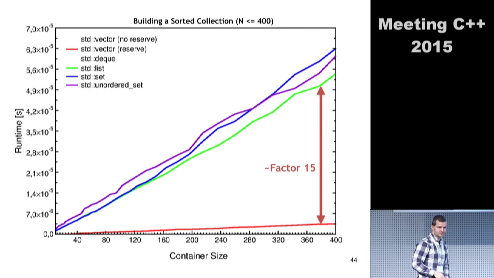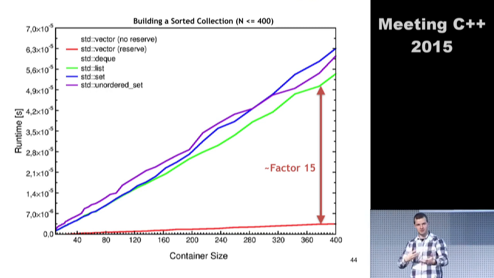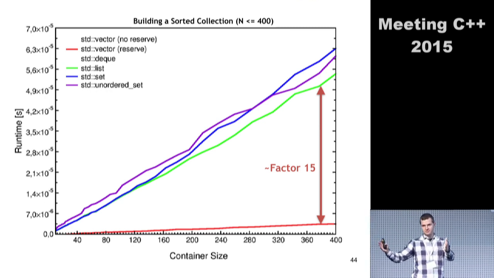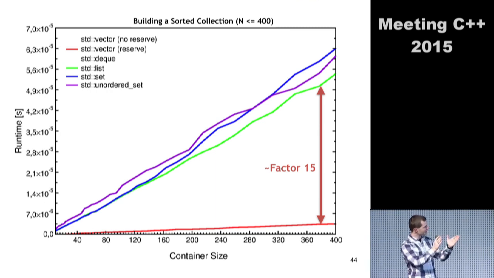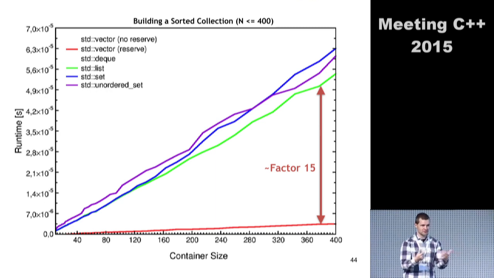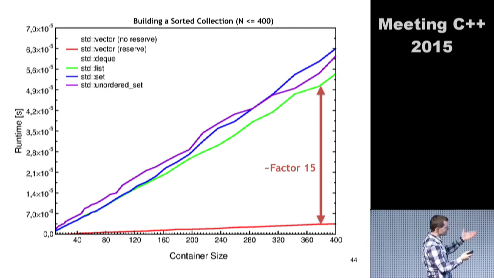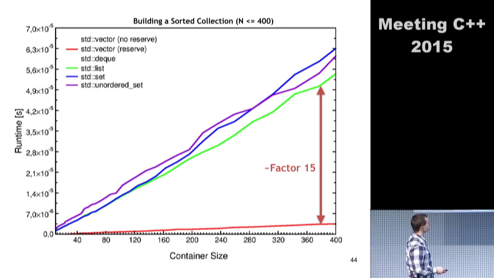Huge difference. And it's about the factor that you see because of all the memory allocations. One allocation up front, everything is added nicely, so this goes very quick, and I just have to sort it. Still, it's more than an order of magnitude faster.